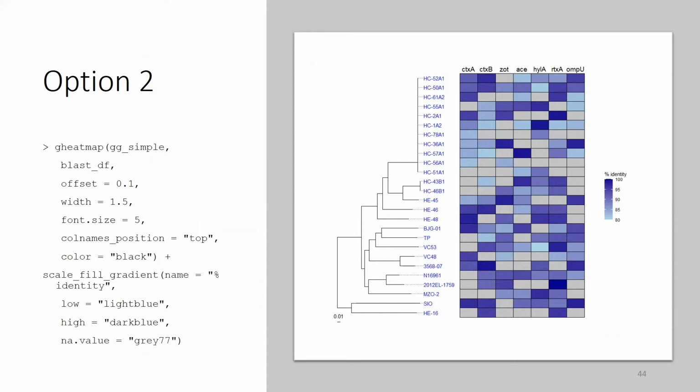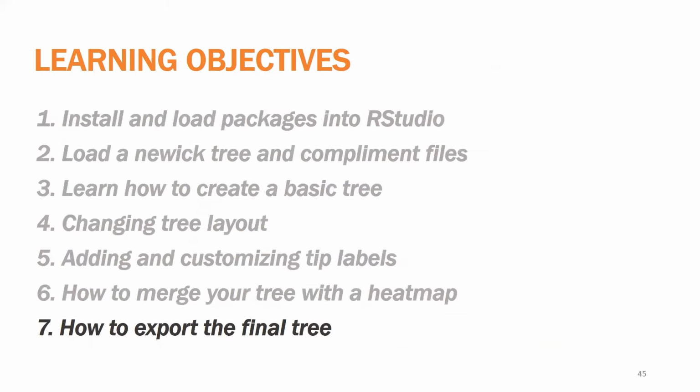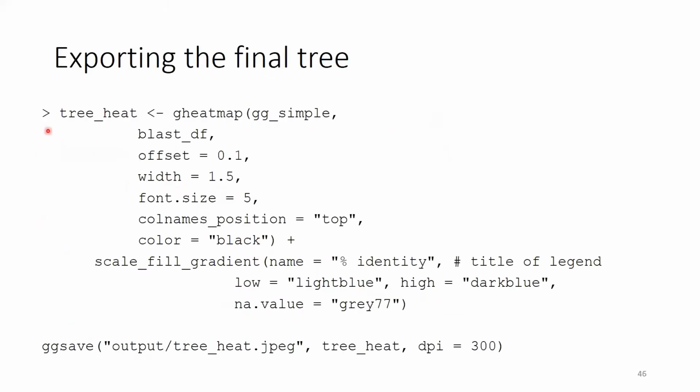And you can save this final tree. To export the final tree, we first are going to save it to a new object, and I just named it tree_heat arbitrarily. And then we can use the ggsave function and save it to our output folder. You can also specify the DPI to improve the print resolution.